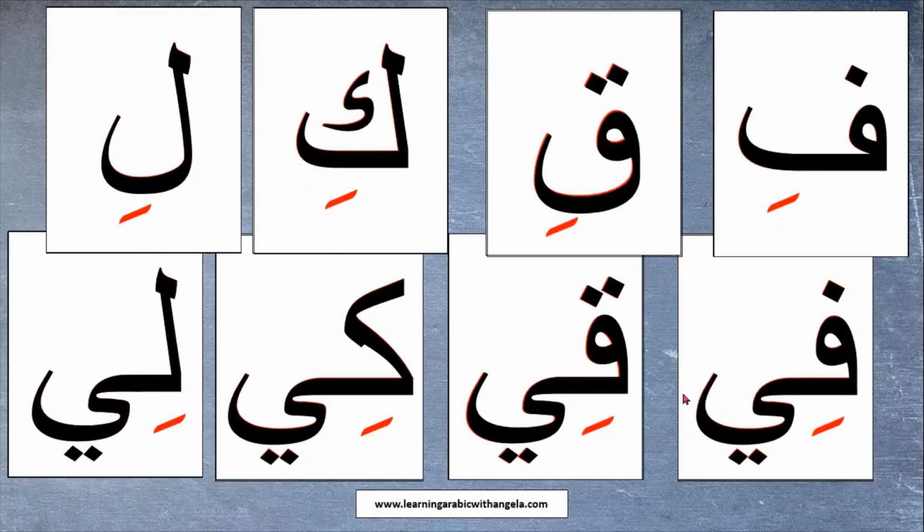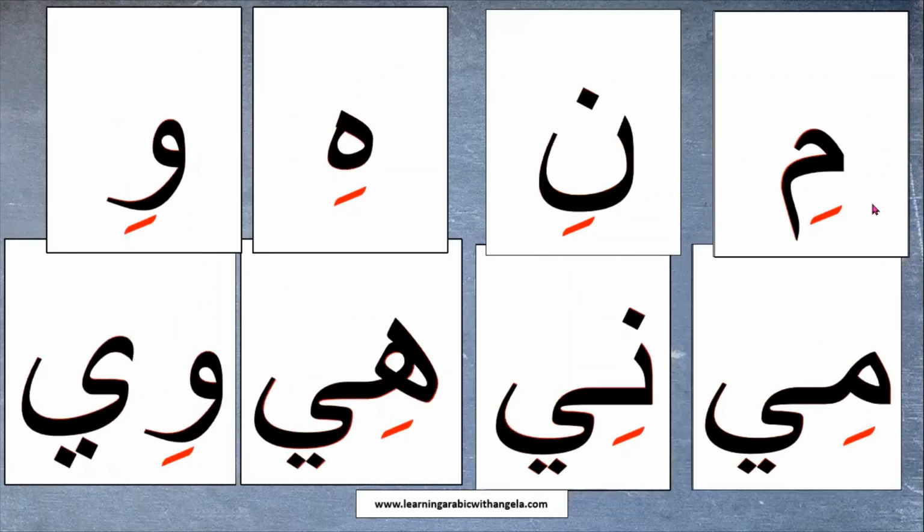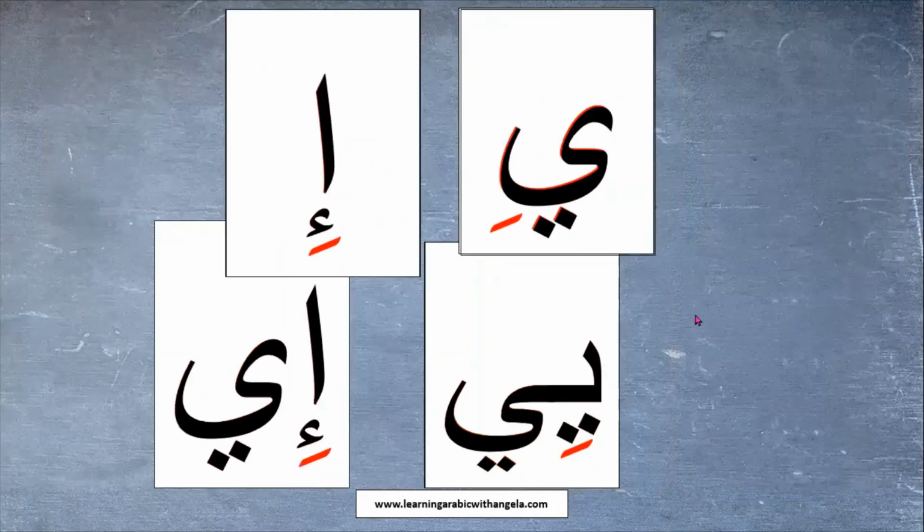I'm in the house or at home. قي, قي. كي, كي. لي, لي. مي, مي. ني, ني. هي, هي. وي, وي. ي, يي. إي, إي.